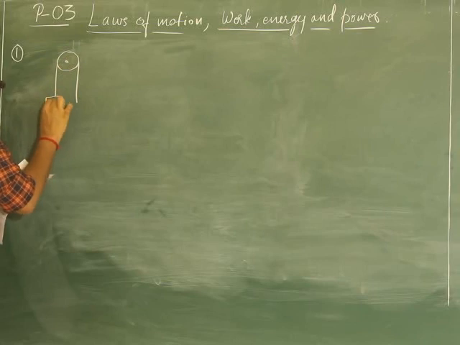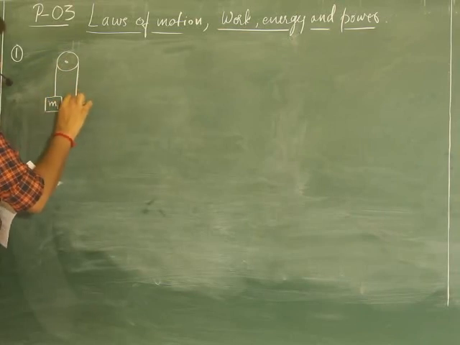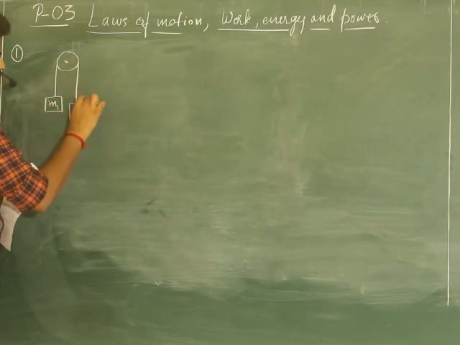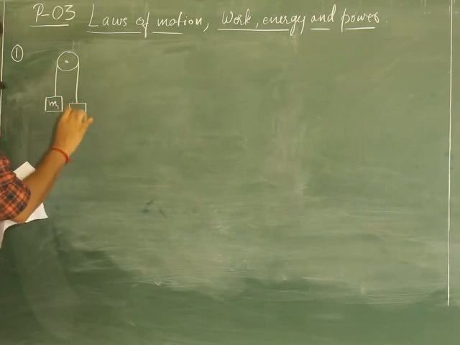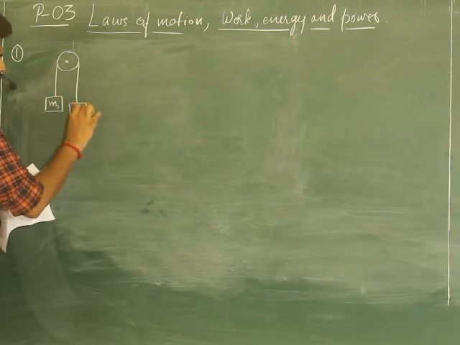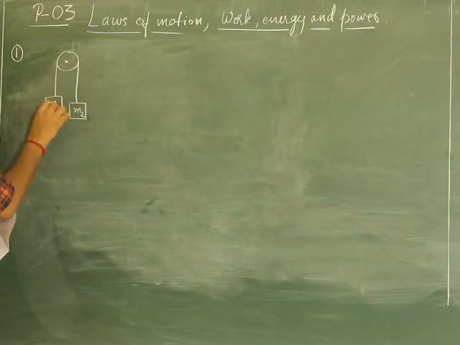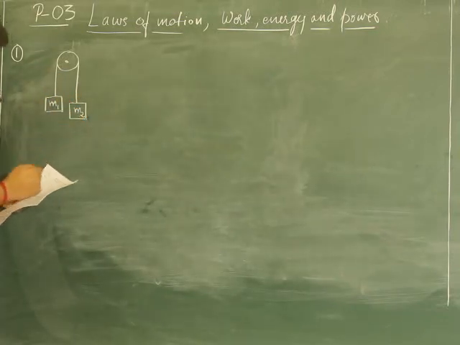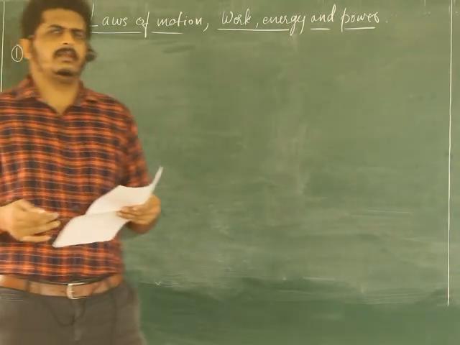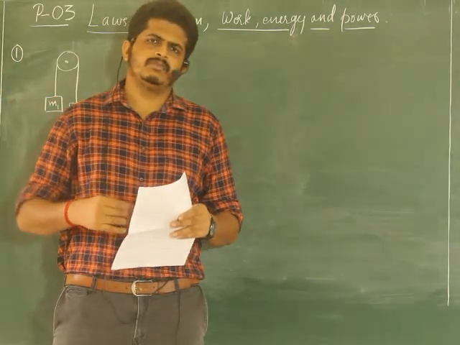I will take M1 and M2, because they have given 3 kg and 4 kg, but with the formulas we can put in the numerical values later while substituting. So M1 is this block, here is M2, and one of the masses is higher.